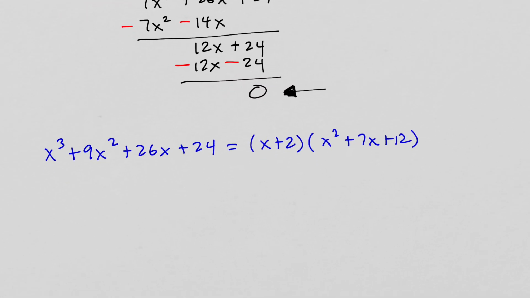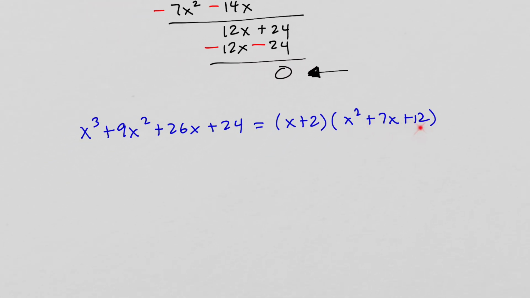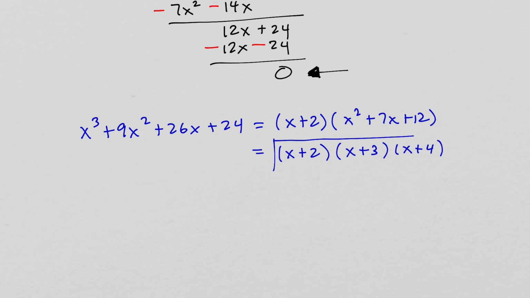But if you look at this one here, it is very simple to factor. We know that x squared plus 7x plus 12 can be factored into x plus 3 times x plus 4. And if you notice now, we have completely factored the original polynomial.